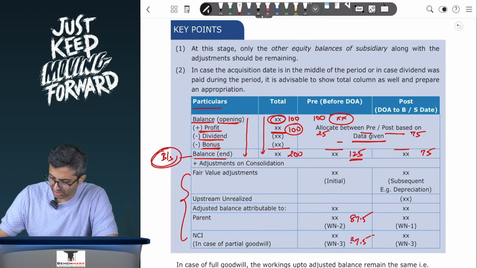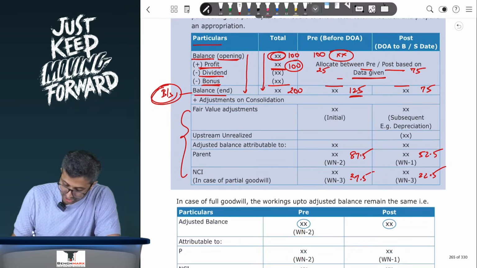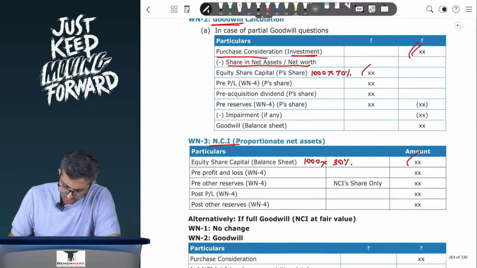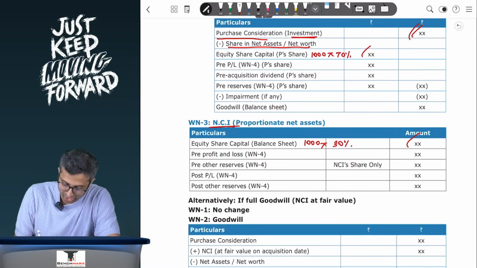Similarly, 75 into 70% is 52.5 belonging to the parent, and the remaining 22.5 belongs to the minorities. Now whatever is belonging to the minorities will go in the working note 3. So in the minority interest, I will say minority has access to 30% of the share capital, plus 30% of the pre-profit and loss, plus 30% of the post profit and loss.